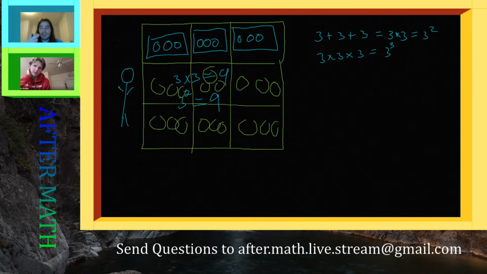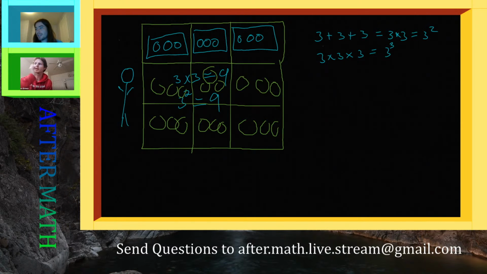So it's kind of that next step, right? So it's going from simply adding them together. Multiplication is addition of the same term over and over, and then an exponent is the multiplication of the same term over and over.